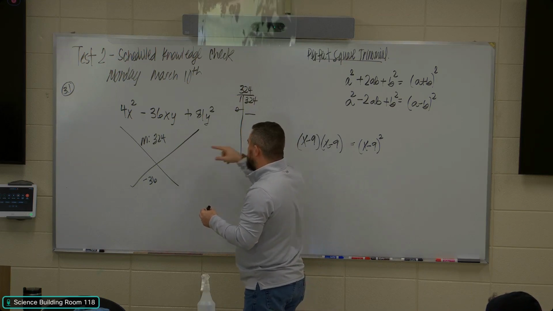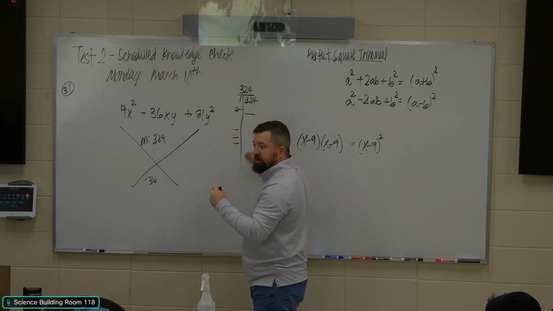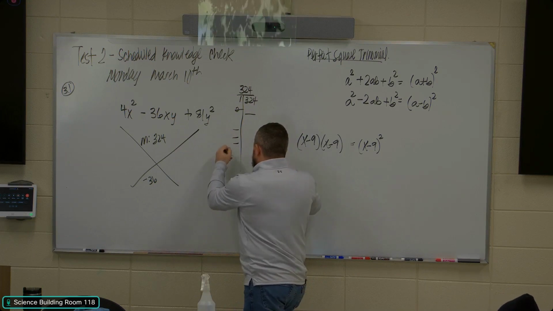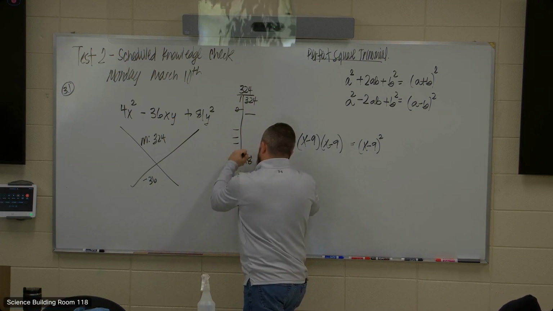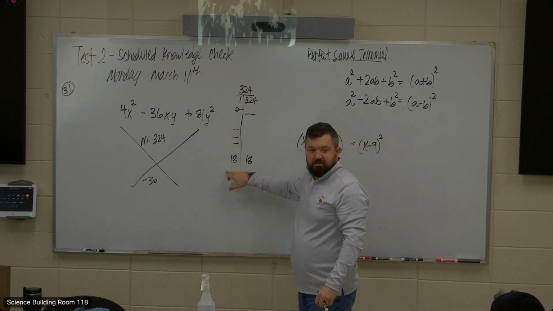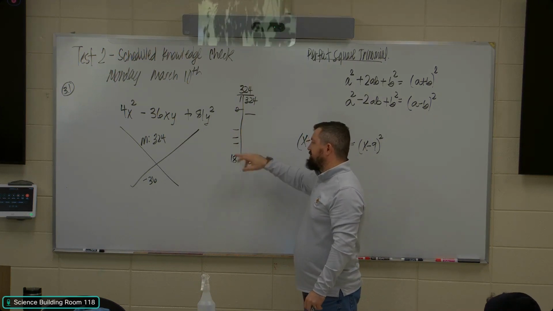I know though, you're eventually going to get to where you start repeating. I know that 18 times 18, that's where I start repeating on this number. 18 times 18 is 324.